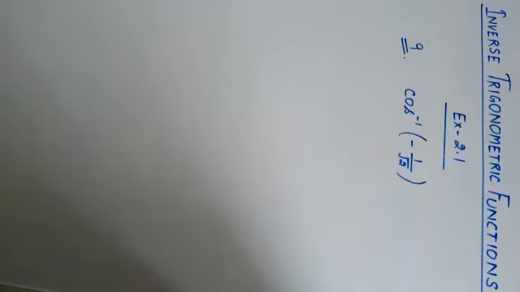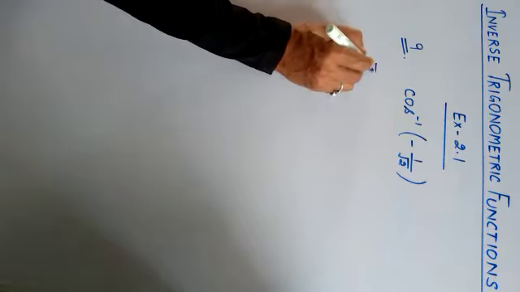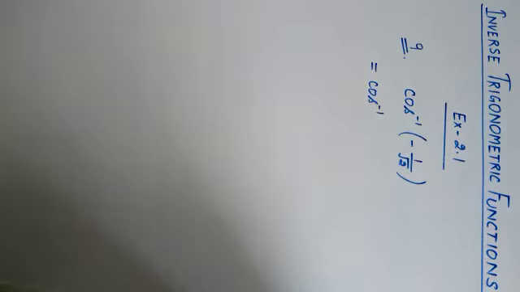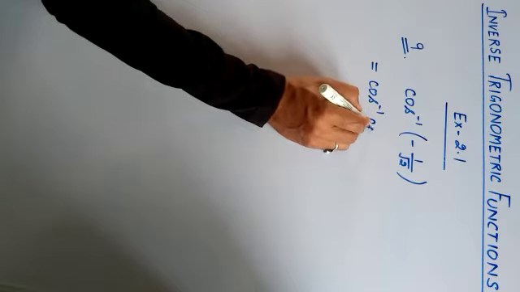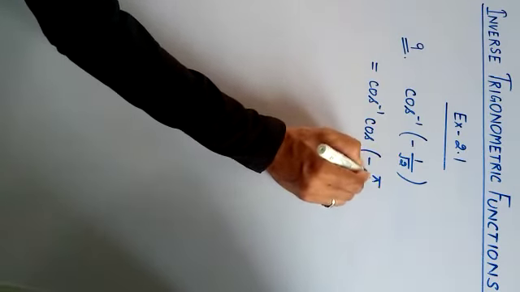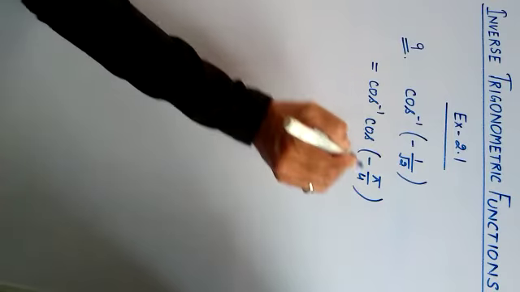Now question number 9, cos inverse minus 1 upon root 2. So cos inverse as it is. Now 1 by root 2 is the value of cos 45 degree. So we will write cos minus pi by 4.